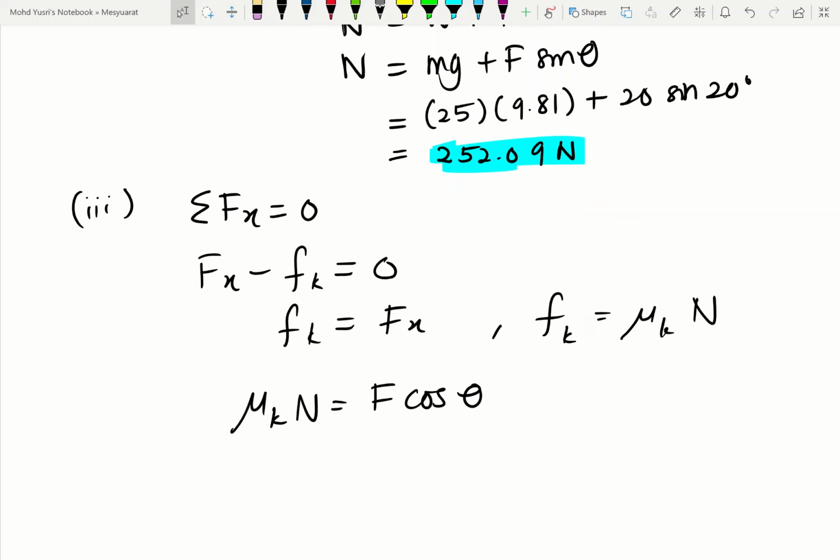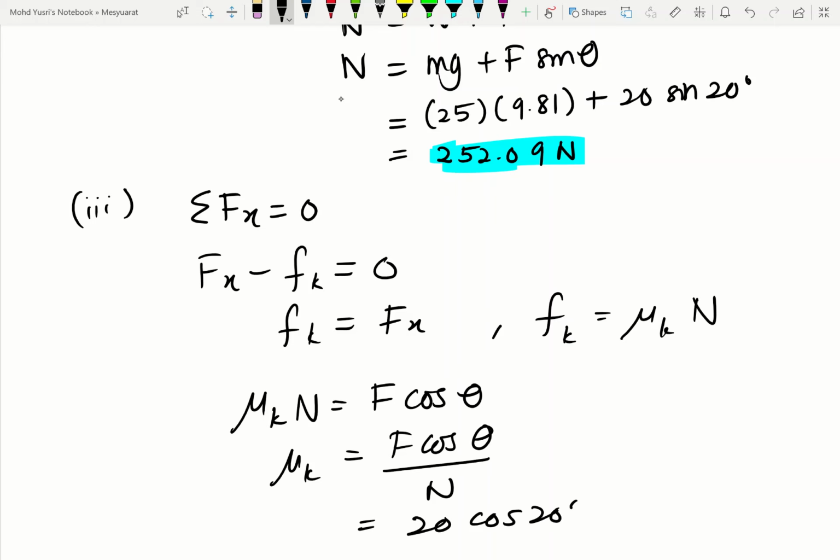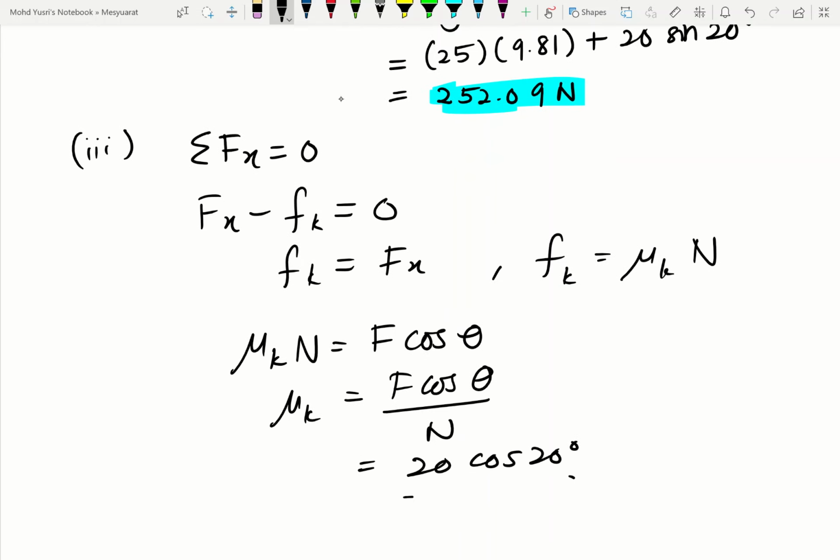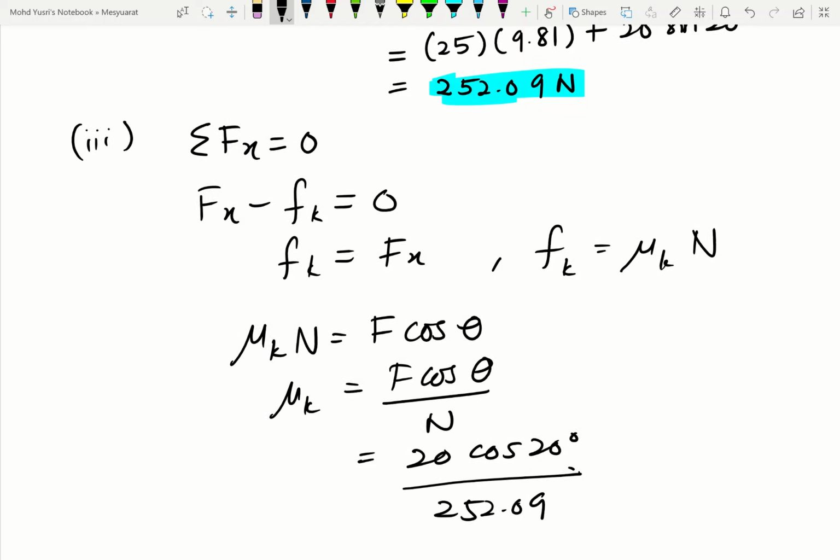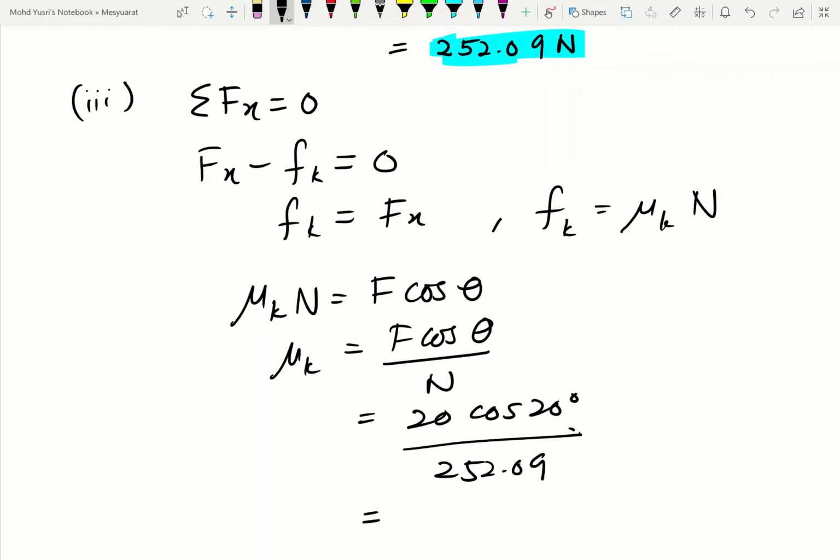Okay, so we want to find mu K. So, mu K is equals to F cos theta over N. So, that is 20 cos 20 degree over 252.09 Newton. Itu value yang kita dapat daripada 4A2. Okay. And if you calculate, you'll get 0.075 without a unit because coefficient of kinetic friction does not have any unit.